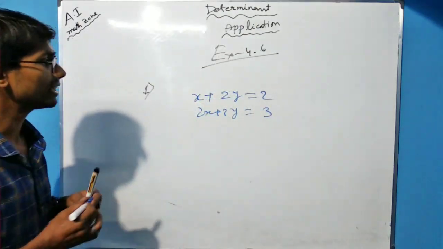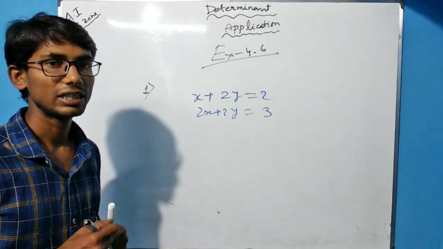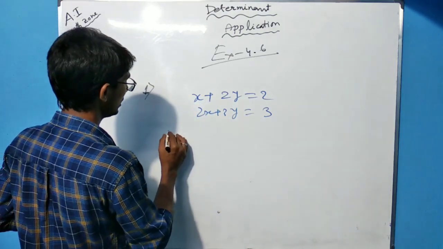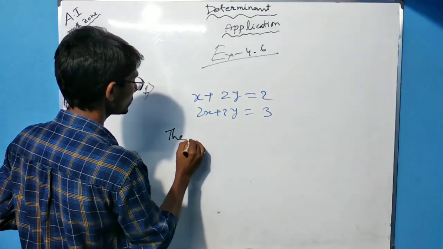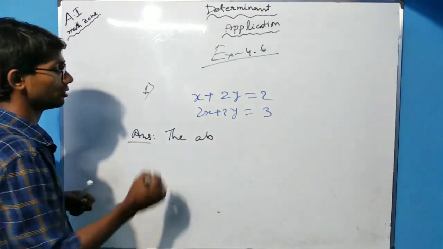This one, right? So you can write this system of linear equations in matrix form. So what will be the A? See here how to write the answer.